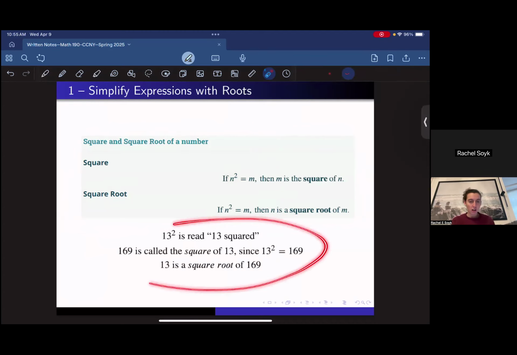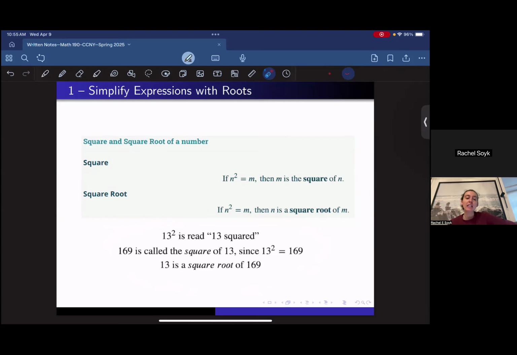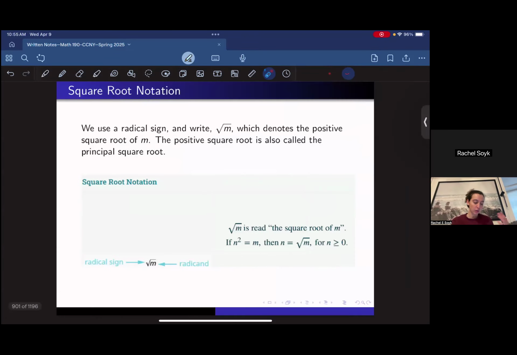And then this is just some proper terminology, or proper English vocabulary, where 13 squared is read as 13 squared, and 169 is called the square of 13. Or you can say 13 is a square root of 169. So just some lingo to reinforce into your brain.